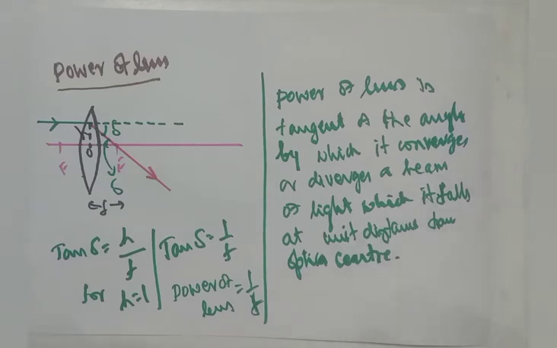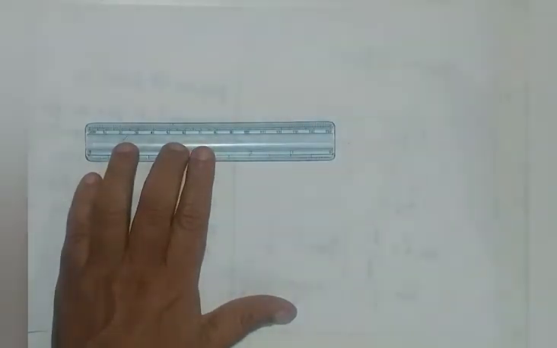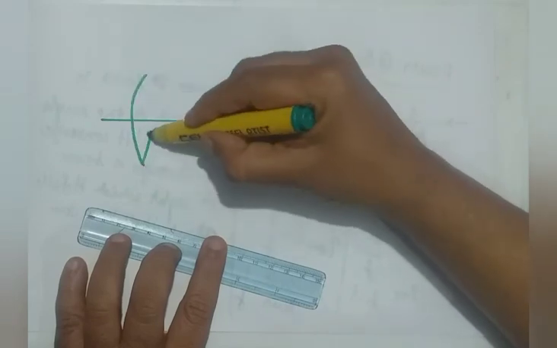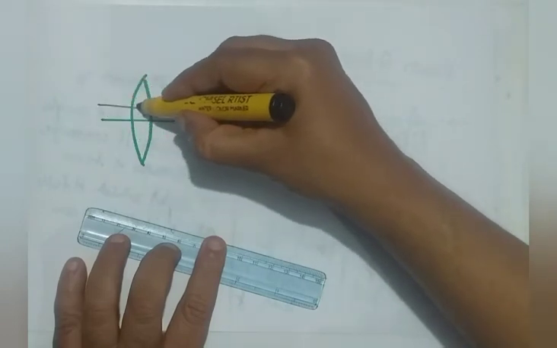And now we learn why we call it power of lens physically. As we said at the beginning of the definition, it is the ability of the lens to deviate the light ray. Now we draw the figure for two lenses whose focal lengths are smaller or bigger. We draw the first lens like this, and here a beam of light.